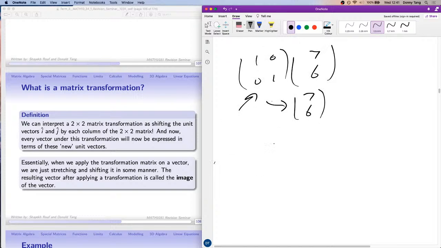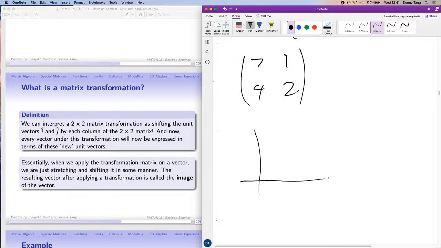However, now when we apply a matrix transformation, if it's like (7, 4) and (1, 2), what we're actually doing is going to our plane and looking at (7, 4), and (1, 2).